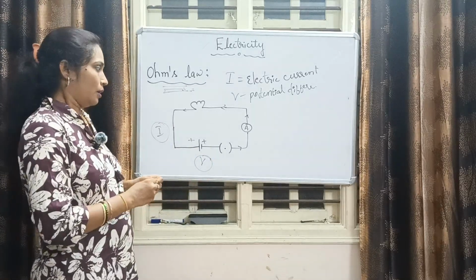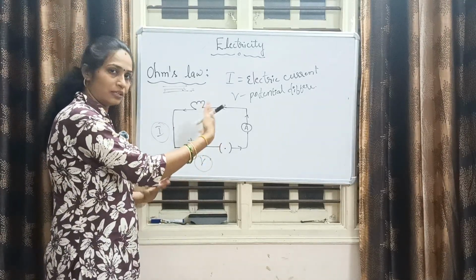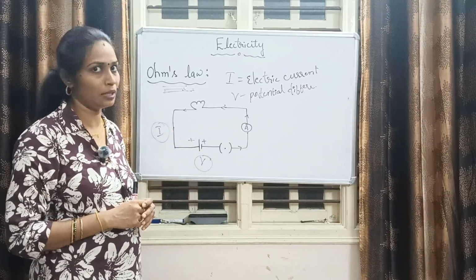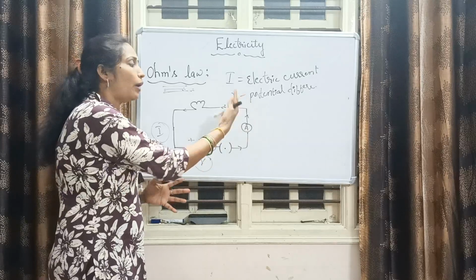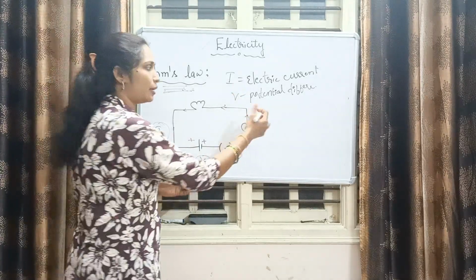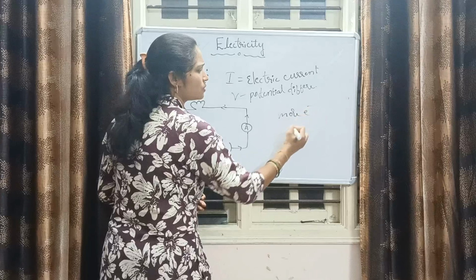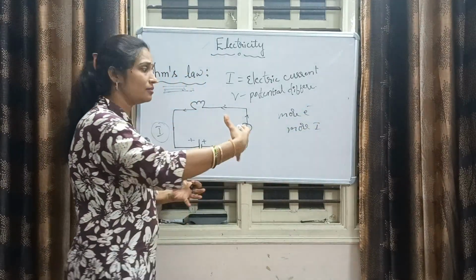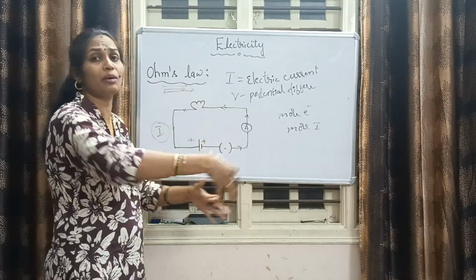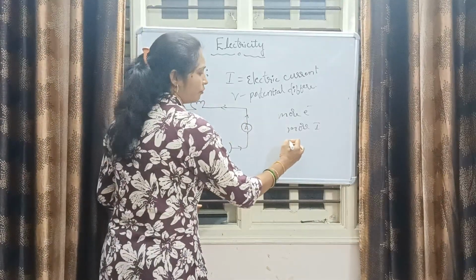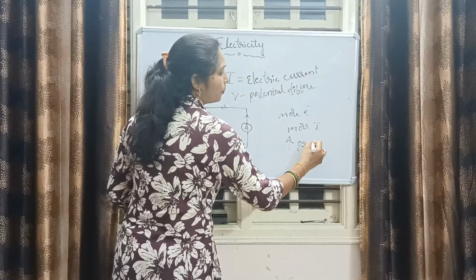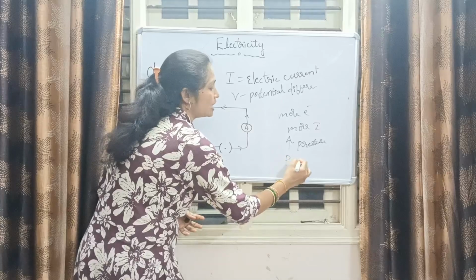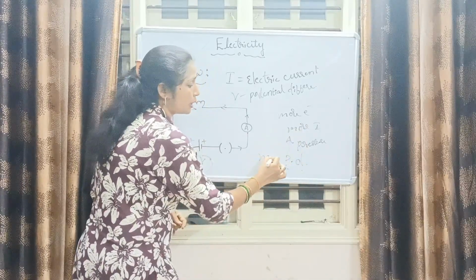See, whenever the current gets generated, definitely there is a movement of more electrons, as we discussed in the previous class. More electrons means more current. When there is more current, definitely there is more pressure in the circuit. That gives a potential difference, more potential difference.